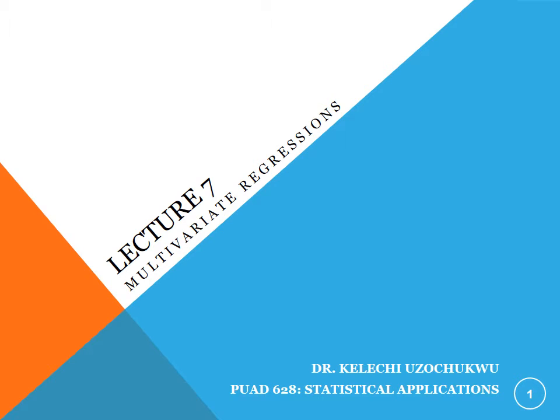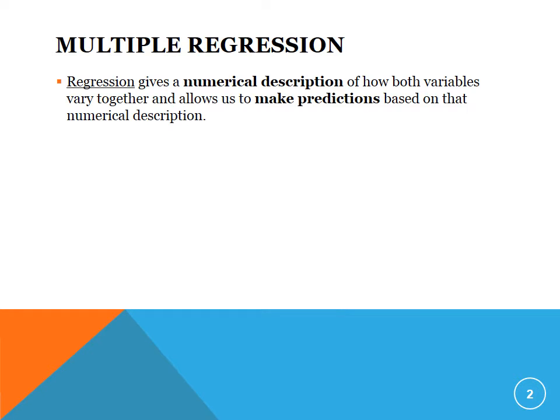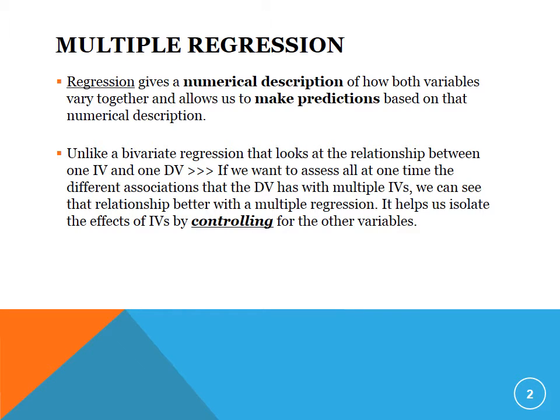Now we are at lecture 7, where we'll be talking about multivariate regressions. So, multiple regressions. Similar to bivariate regressions, right? We're going to find a number from our output, and it's going to help us make predictions about the relationship between the dependent variable and that independent variable associated with that number.